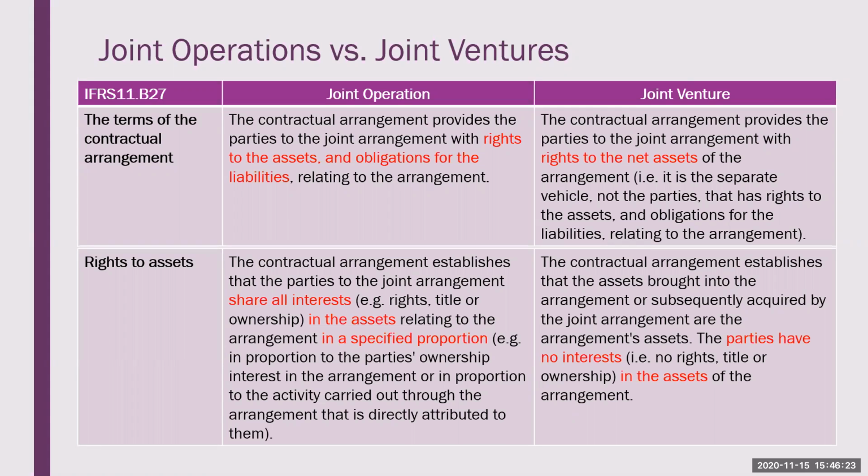On the other hand, if the arrangement provides the parties with rights to the net assets, i.e., shareholders' equity, then it's a joint venture. If the parties share all interests in the assets in a specified proportion, then it's a joint operation. If the parties have no interest, i.e., rights, title, or ownership in the assets, then it's a joint venture.